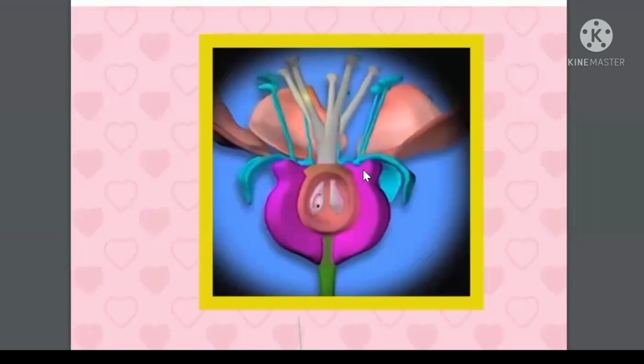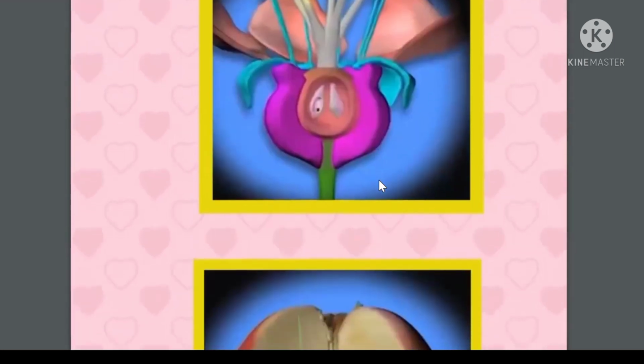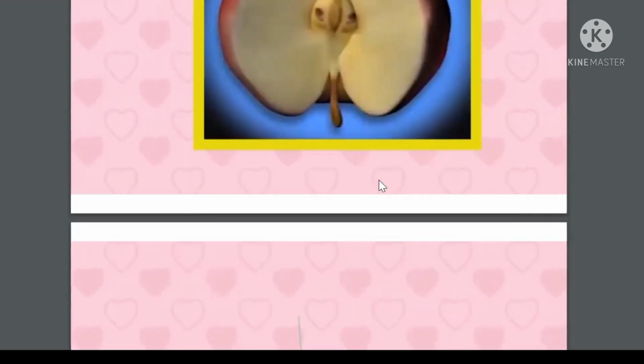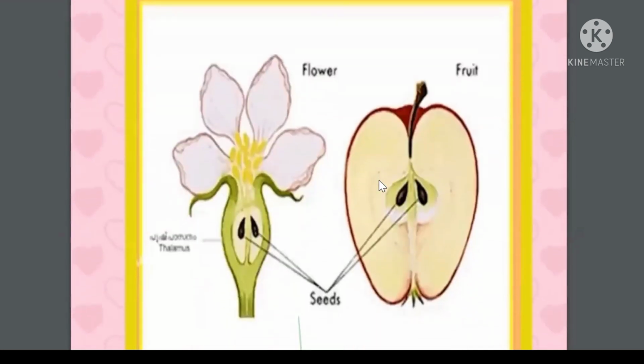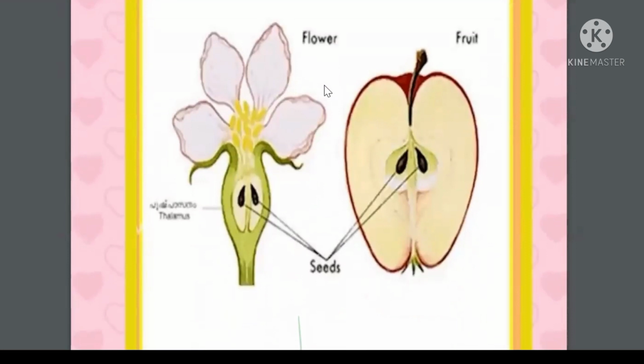Now can you say which portion of apple becomes the fruit of apple? See this once again. See these pictures. Same thing. Here is the flower of apple, and this is the fruit of apple.